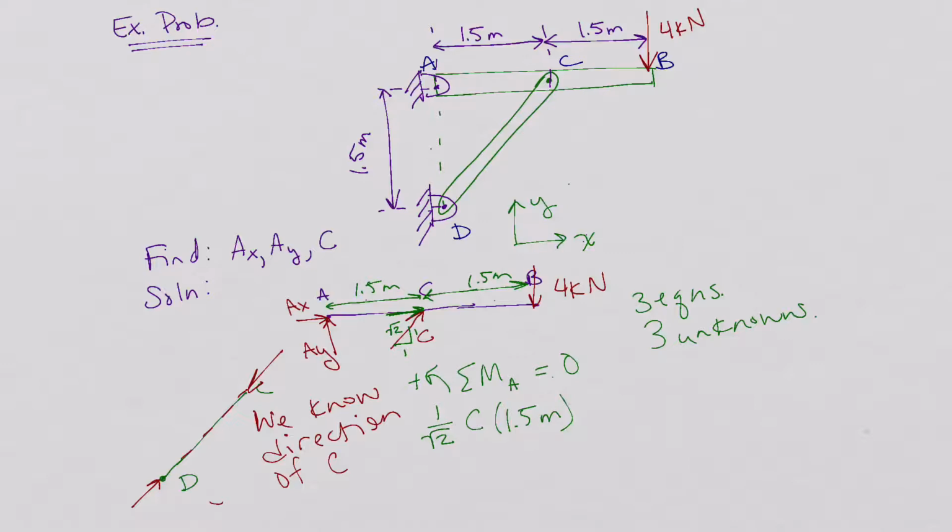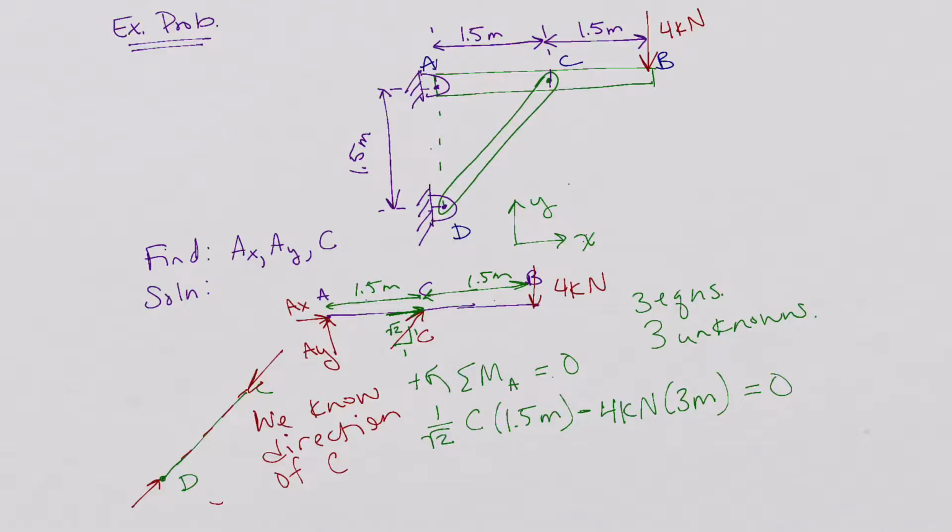And then for the 4 kilonewton force, if we go from A to C, do our fingers up, so the moment's positive. For the 4 kilonewtons, we'll go A to the 4 kilonewton force, fingers go down, so it goes into the board, so that one's negative. 4 kilonewtons times 3 meters, what's that perpendicular distance? That equals 0.